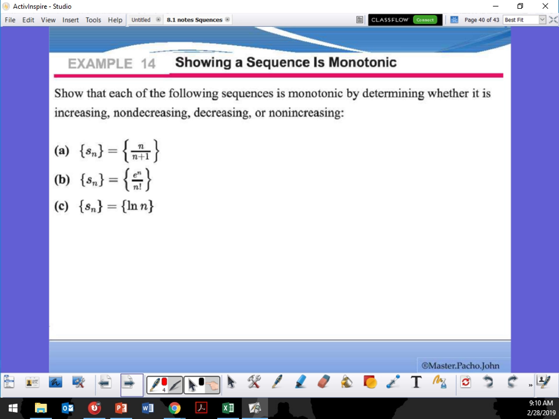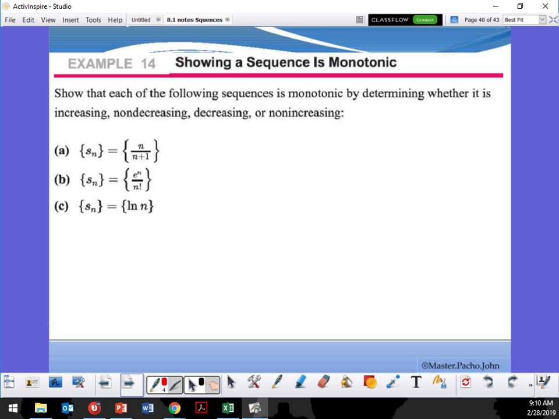All right, let's take a look at the first one right here. I'm going to show that each sequence is monotonic by determining whether it's increasing, non-decreasing, decreasing, or non-increasing.